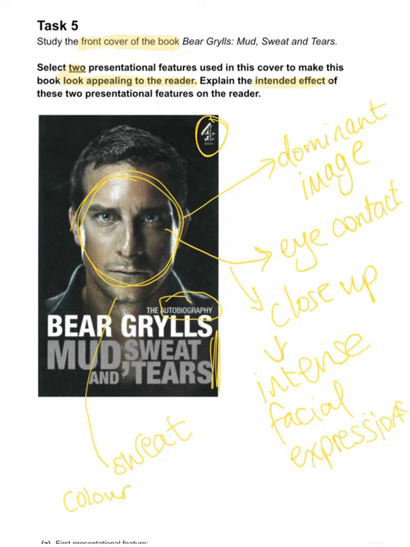And again, this makes us feel this intensity, this mood of fierceness, and this idea that he's very strong. We've got those kind of sharp metallic colours coming through. And again, it's creating a mood of perhaps danger and adventure, and we want to know what it is perhaps that this man has been through.